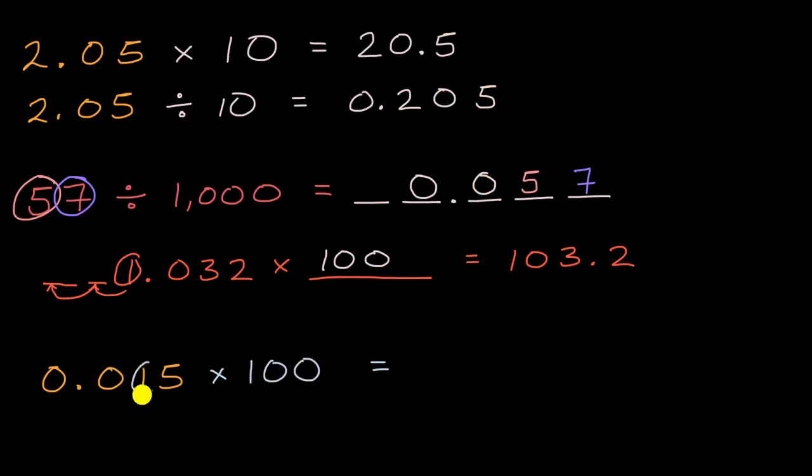So the 1, which is in the hundredths place, is going to end up in the ones place. And then the 5, which is in the thousandths place, is going to end up in the tenths place. So this is going to be equal to 1.5. And we're done.